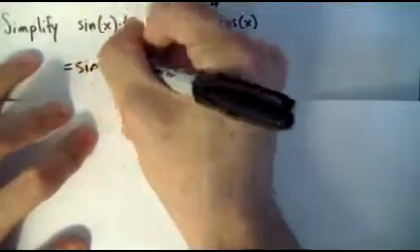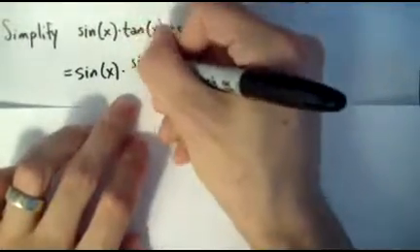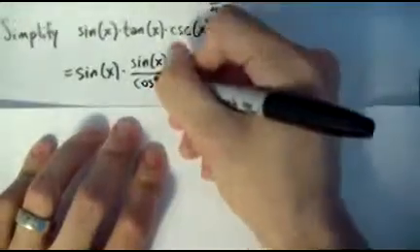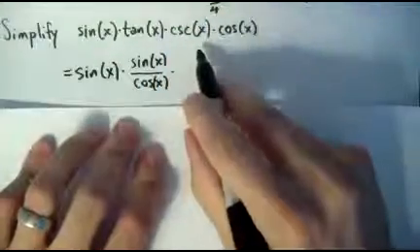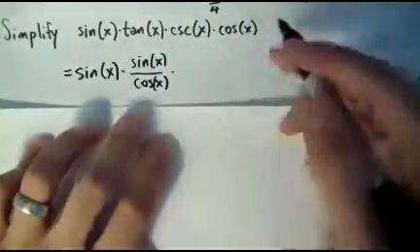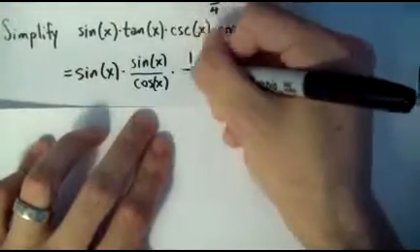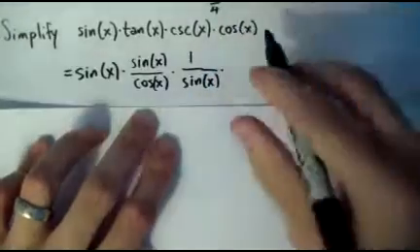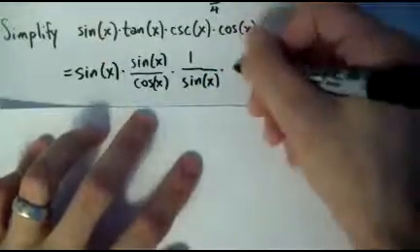So sine of x stays as is. Tangent of x by the quotient identity can be rewritten as sine of x over cosine of x. And then cosecant of x by the reciprocal identity can be written as 1 over sine of x. And cosine of x is already written in terms of cosine of x.